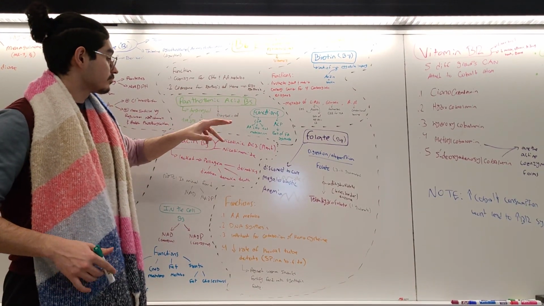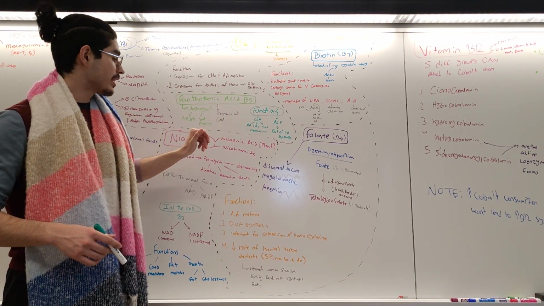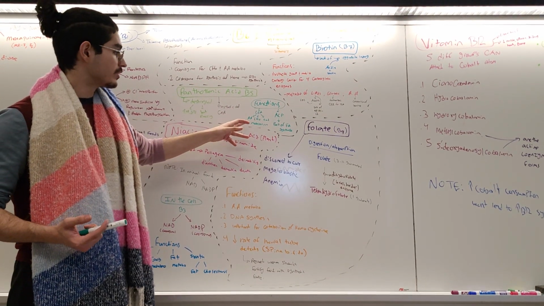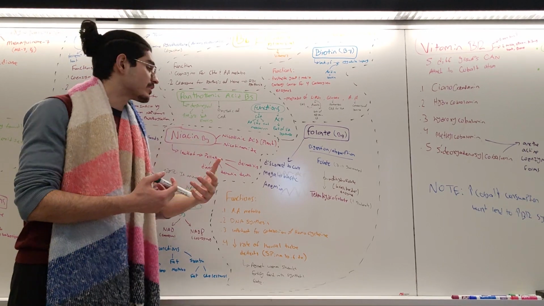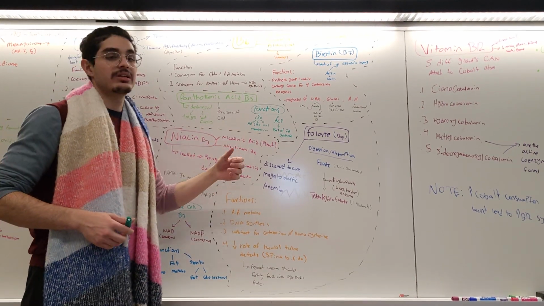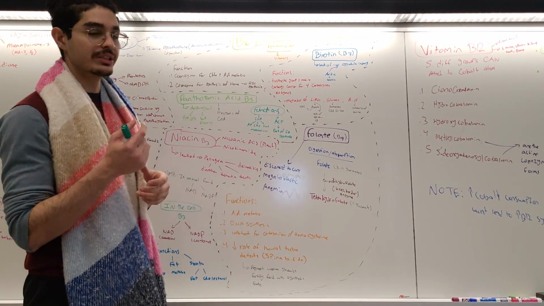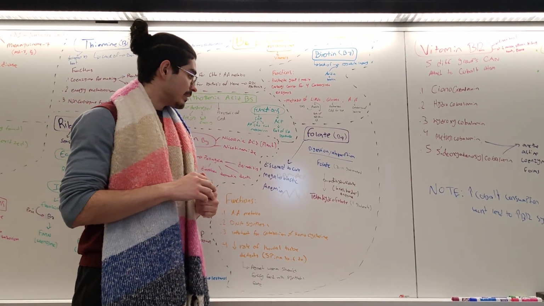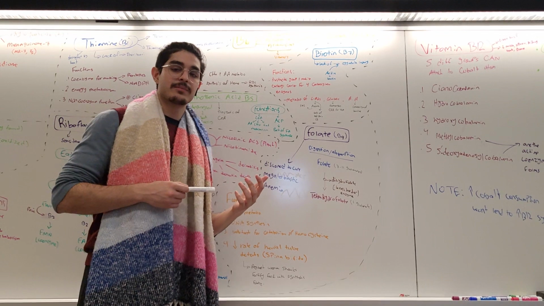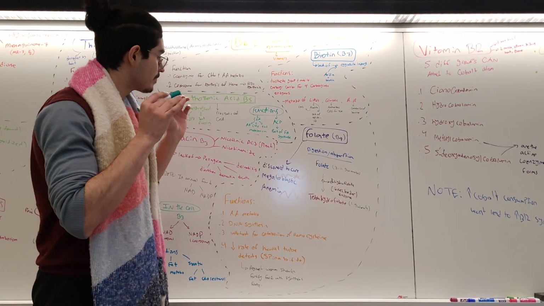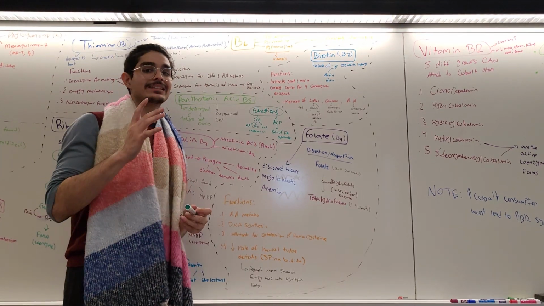And what are some of the functions of pantothenic acid? Well, as part of coenzyme A, it interacts in amino acid, carbohydrate, and fat metabolism, as part of the acyl carrier protein. It interacts in fatty acid synthesis, and the acyl carrier protein is actually part of the fatty acid synthase.